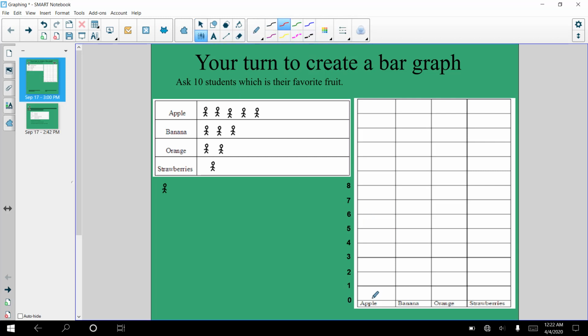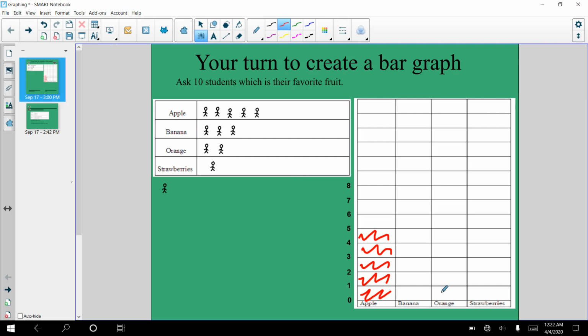Now, how many students like apples? I have 1, 2, 3, 4, 5. I will color 5 squares. This is my first square, second one, third, 4, 5. So I have to color 5 squares. What about bananas?